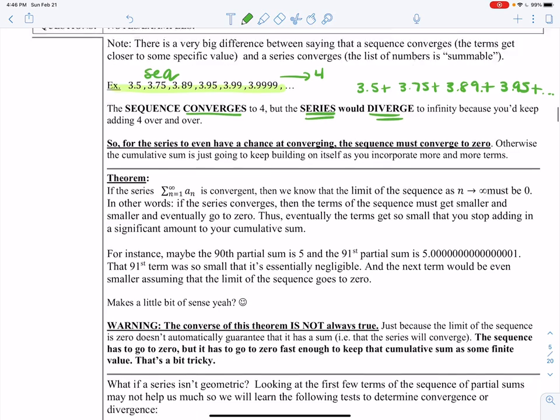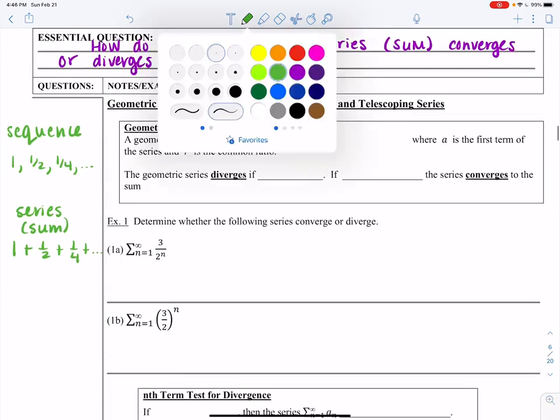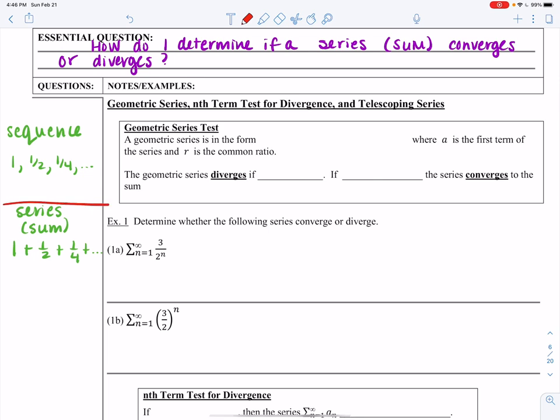Okay, so really important that we learned last time that if I want to test to see if it converges or diverges, we took a limit of the a sub n formula.